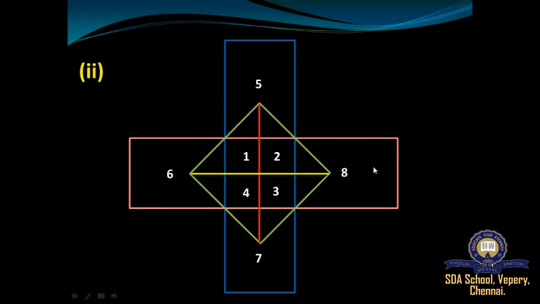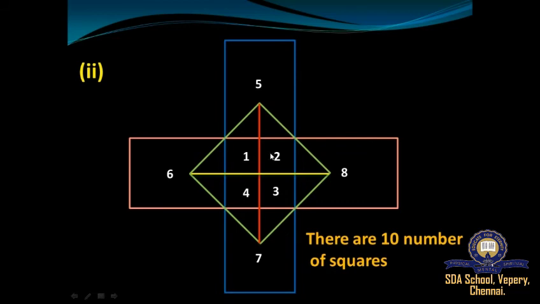Okay, so there are totally 8 squares, and we have 2 squares. That is, this one is 1 square and this is 1 square. Okay, so there are totally 4 plus 4 plus 1 plus 1, which is there are totally 10 squares.